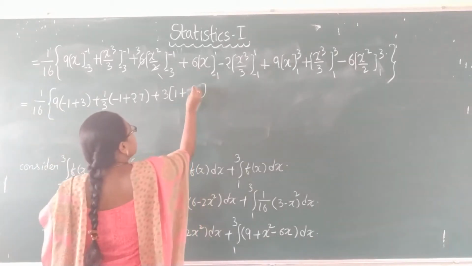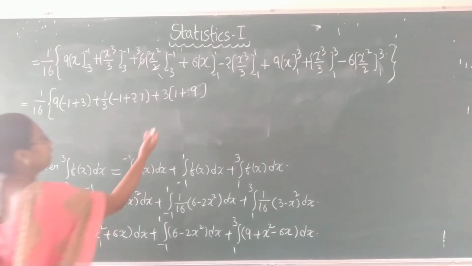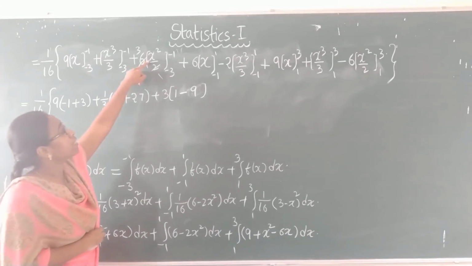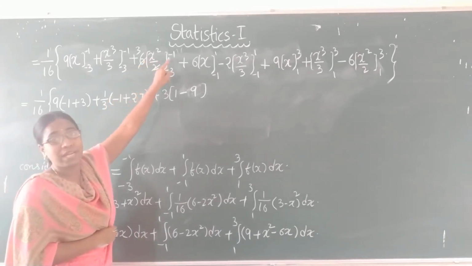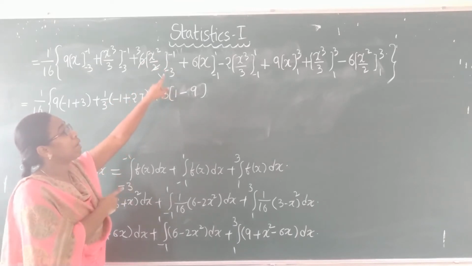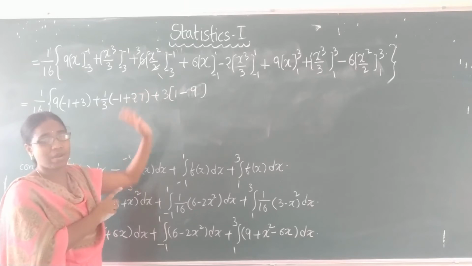Sorry, I thought cube. It is square. So 3 square is 9 itself. So x is square. Upper limit is minus 1 square is plus 1. Minus of minus 3 square is plus 9. So minus into plus 9 is minus 9 only.